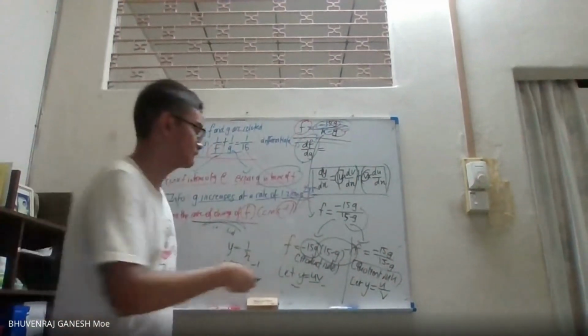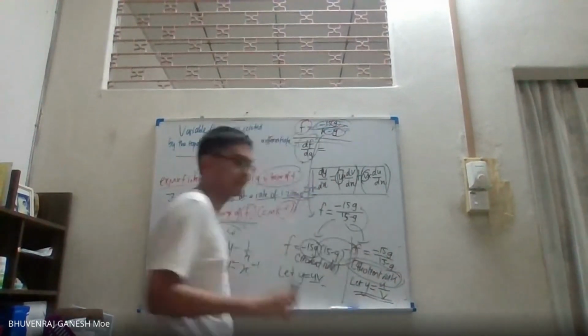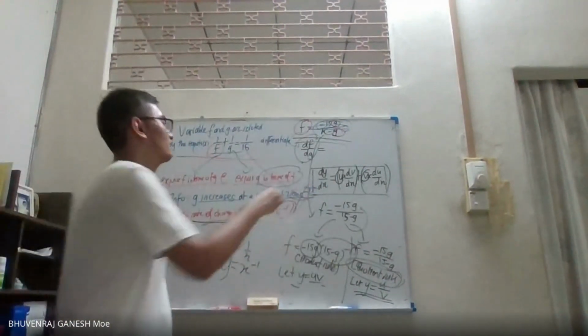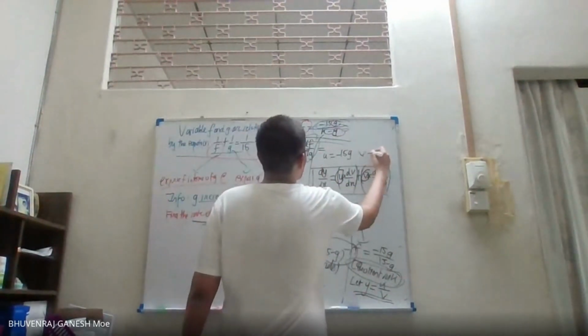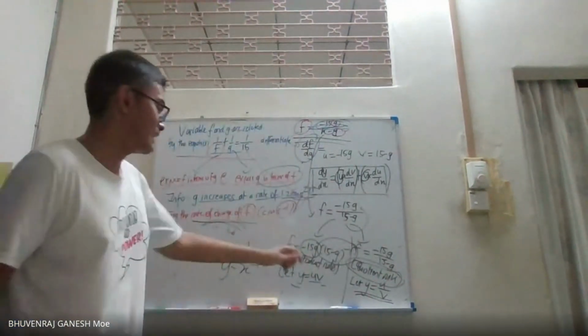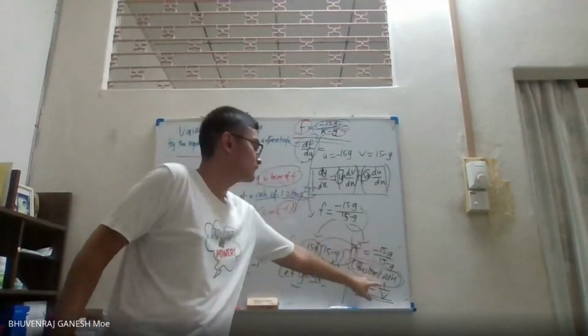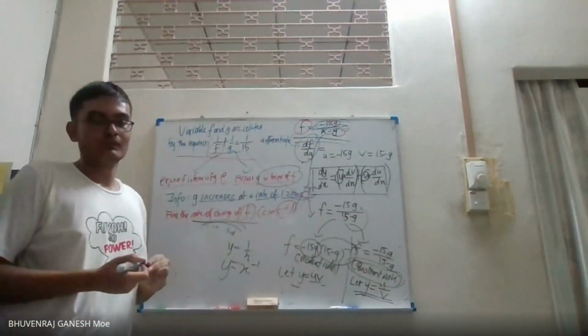So it's better to use the quotient rule, because the assumption we make is let y equal u over v. Your u will be -15g, your v will be 15 minus g. Can you see that? You compare up and down. U is -15g, v is 15 minus g.